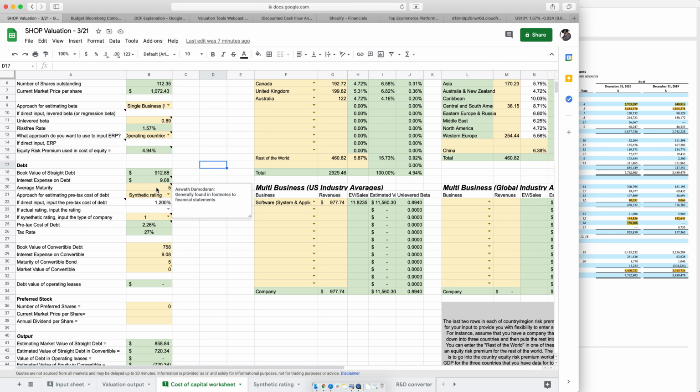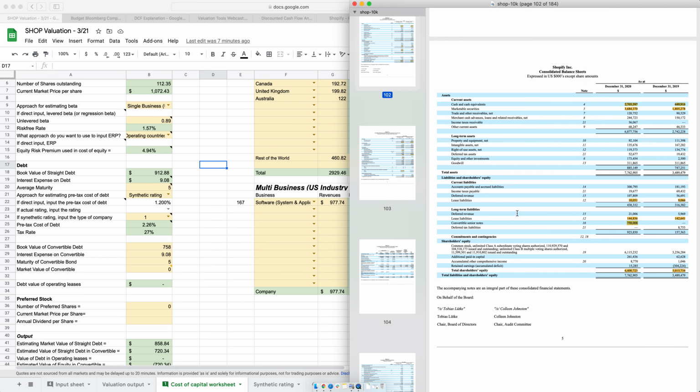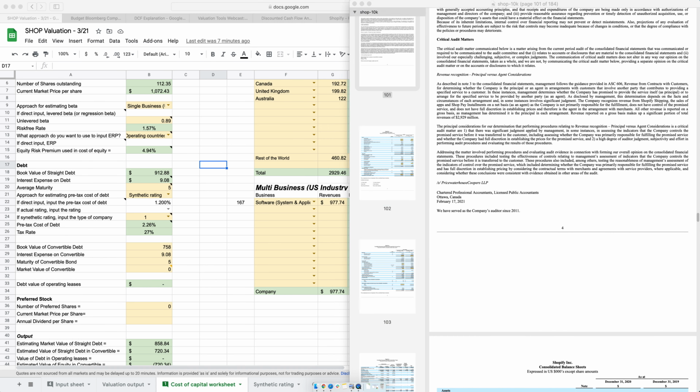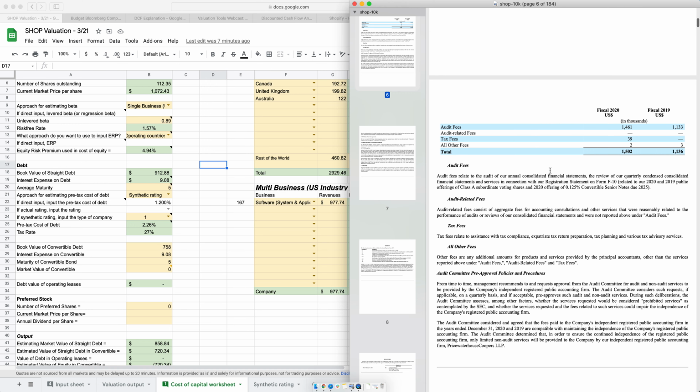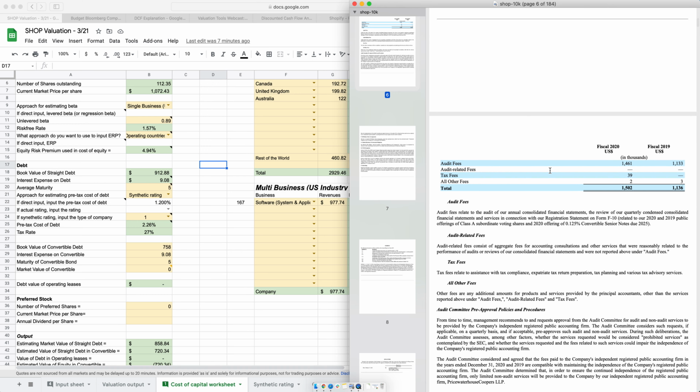Average maturity. In this case, their main source of debt is, I believe, their convertible notes, which I believe expire in 5 years. Let me see if I can find that in my thing. Yeah, if you look at page 6, it says, is it actually?